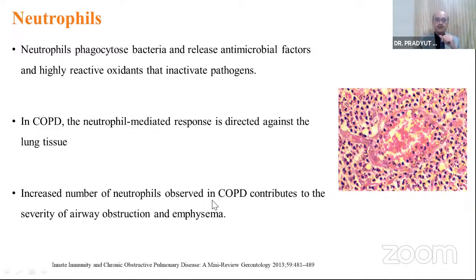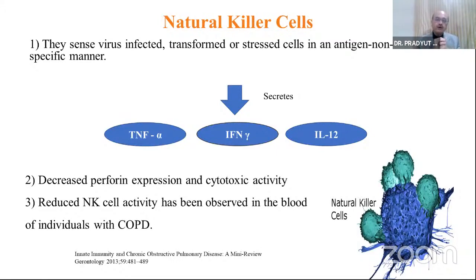in COPD patients. The fifth and last component of the innate immune system in COPD are the natural killer cells. The job of these natural killer cells is to recognize the virus infected cells or the stressed out cells, and then when these infected cells are recognized, they secrete certain substances called tumor necrosis factor alpha, interferon gamma, and interleukin 12.